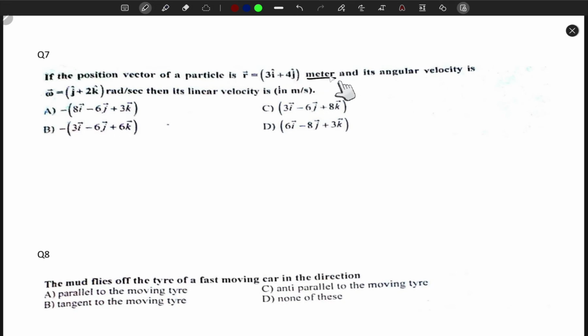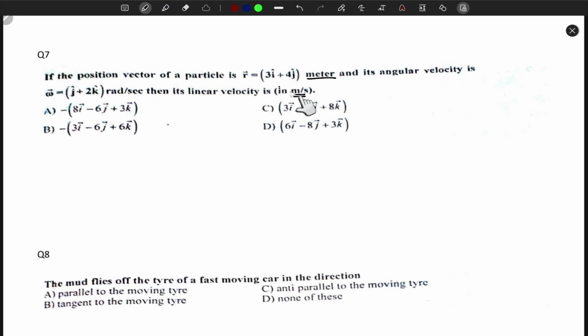And it's given in meters. And its angular velocity is also given in terms of these unit vectors, and that's omega vector is 1 j hat plus 2 k hat radians per second. Then its linear velocity in meters per second is asked. So we have to find the linear velocity.